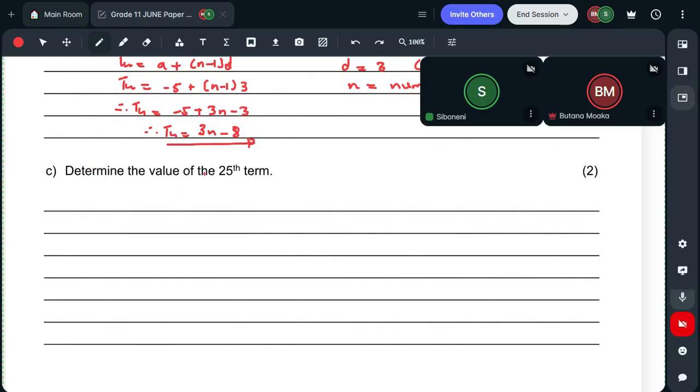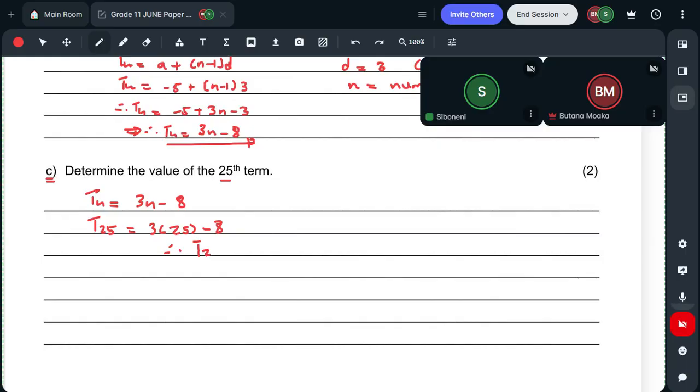Okay. So now they want you to find T25. So when they want T25, remember, your Tn is 3n minus 8. So meaning that if you get this wrong, this will affect the next question. When looking for T25, where there's n, you're going to substitute 25 and put that on the calculator.